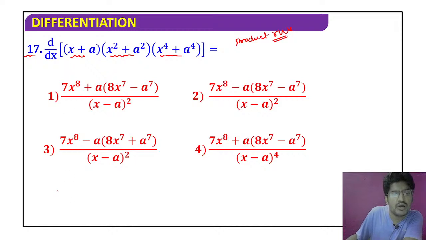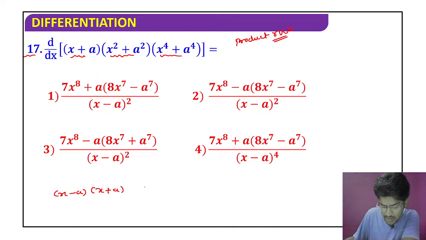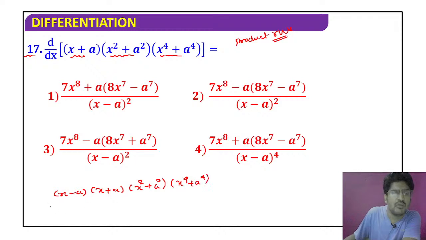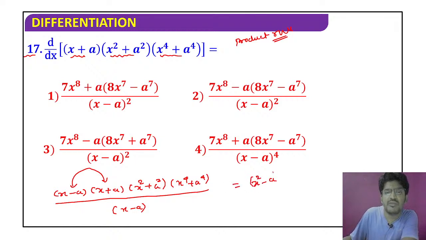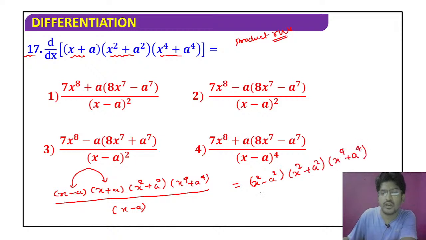What you do, you multiply x minus a for the numerator as well as denominator. You will get this term. Clear? Now x minus a into x plus a will be x square minus a square, into x square plus a square into x raised to 4 plus a raised to 4.